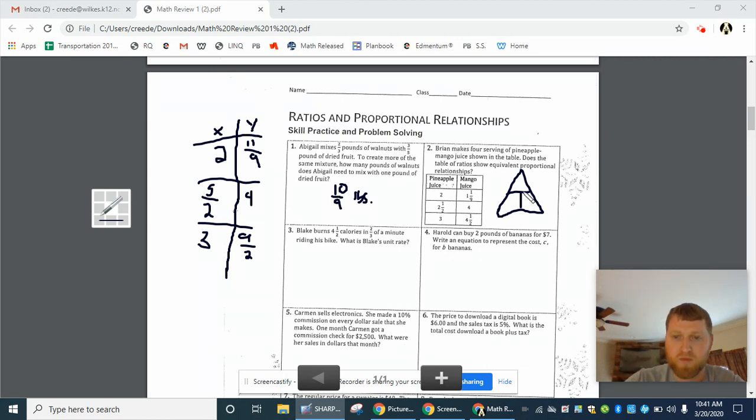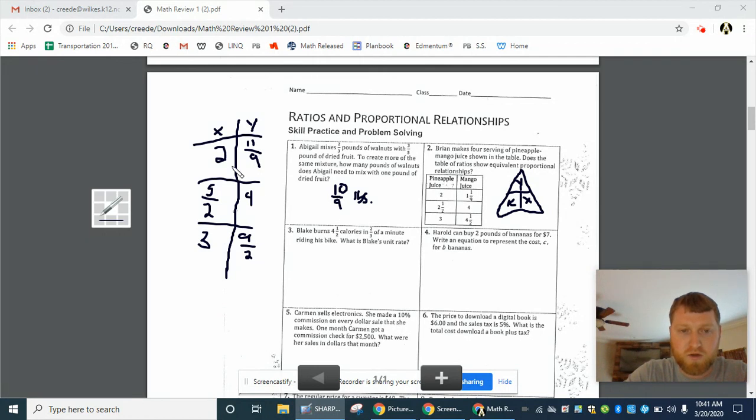We're going to replace these letters with numbers. All the x values would go in this bottom right corner. All the y values would go in the top triangle here. And k is what we're trying to find. K is going to be our constant of proportionality. We need to know if this is an equivalent proportional relationship among all these 3 values here.